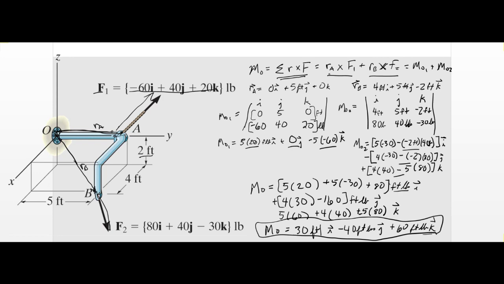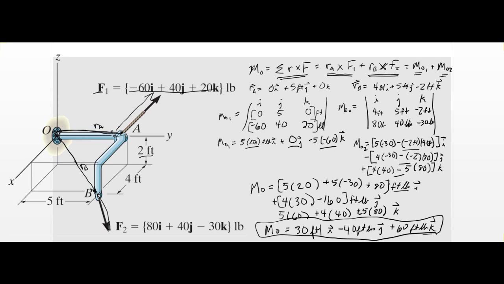And we translate that to each component, right? And then we can nicely label each part of those, MO1, MO2, and then we're adding that up. So after we've conducted the cross product for each of those forces, we can calculate the moment due to F1 and F2 about point O, and that's very helpful for a lot of problems.